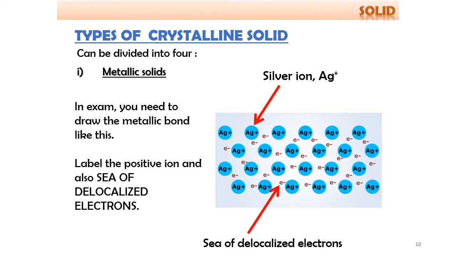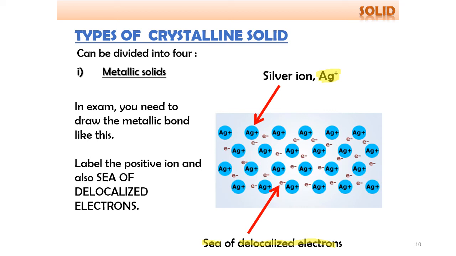So how can we show this? We can show it by the sea of delocalized electrons. So in this case, you have Ag+ ion, silver ion, with electrons.